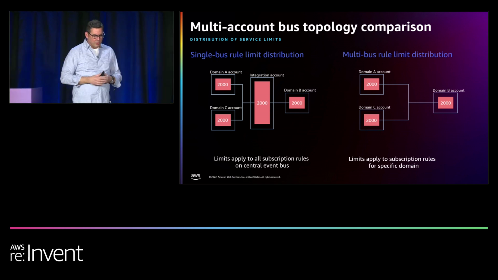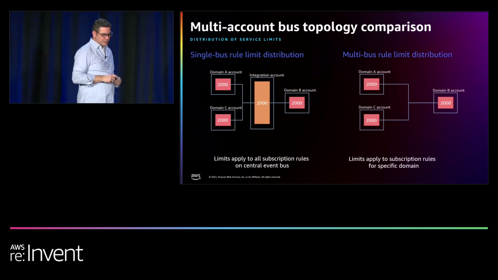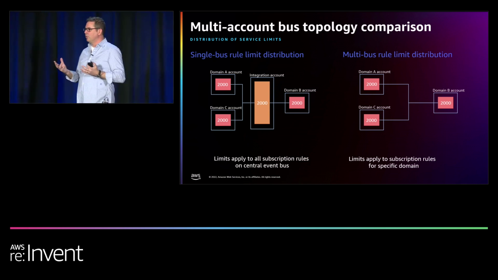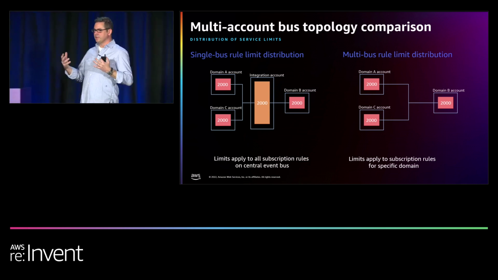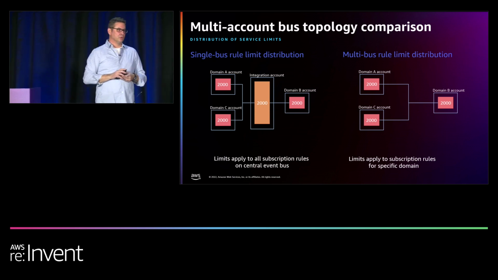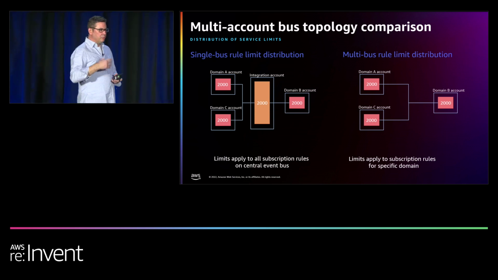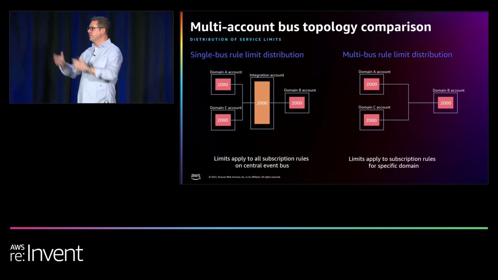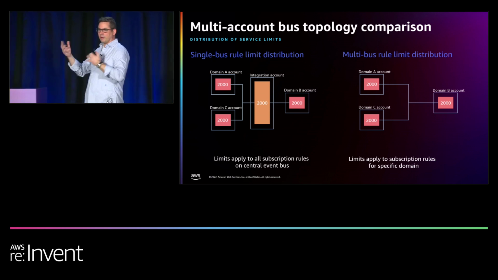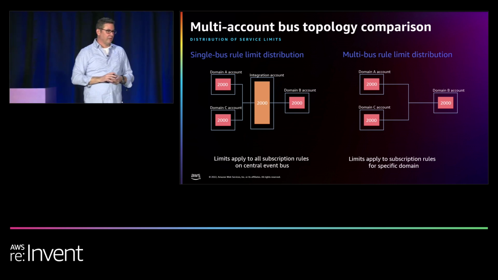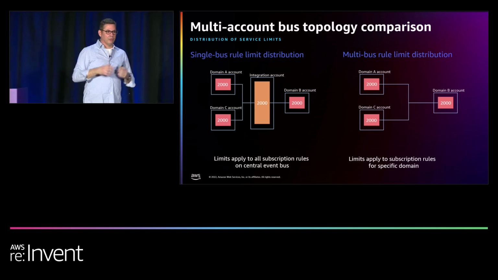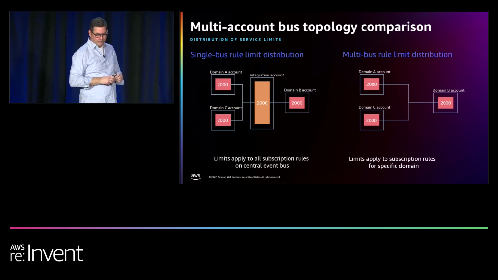With a centralized event bus in particular, one of the things we need to be aware of is that if every single subscriber or service is putting subscriptions onto your centralized event bus, you could potentially run out of limits pretty soon. In contrast, with a multi-bus approach, the rules are distributed according to the relationships that publishers have with consumers, and therefore managing those limits is also a little bit easier.